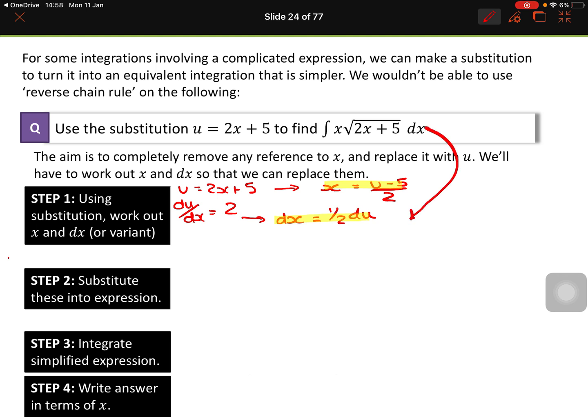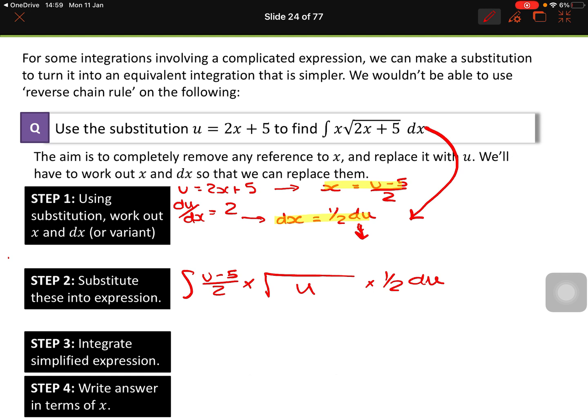We're going to substitute those into our initial expression, substituting in our values of u and du. So this becomes the integral of x, which we know is u minus 5 over 2, times the root of 2x plus 5, which we now know is root u, and rather than dx, we substitute in times a half du.